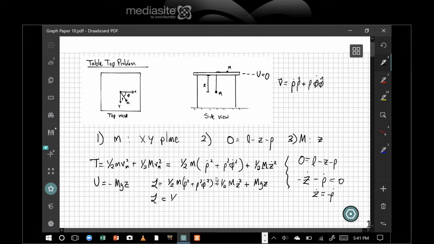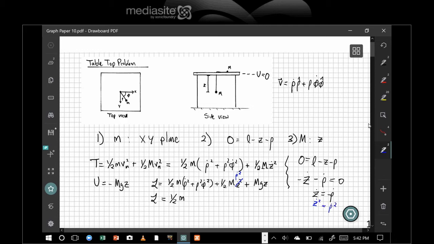So then I can rewrite this as 1/2. From this term I get little m rho dot squared. But from here, I get 1/2 big M times z dot squared, and what I'm going to do is replace z dot with rho dot, using the relationship that z dot is equal to rho dot.